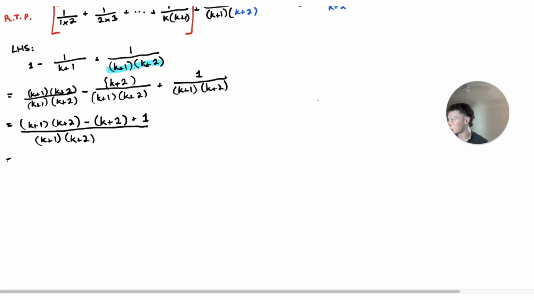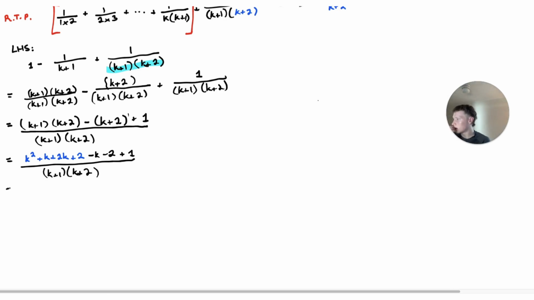And that will give us, do it in a different color, k squared plus k plus 2k plus 2. And then I've got to expand this out into the brackets, minus k minus 2 plus 1. And then all over still what we had on the bottom before, k plus 1 times k plus 2.